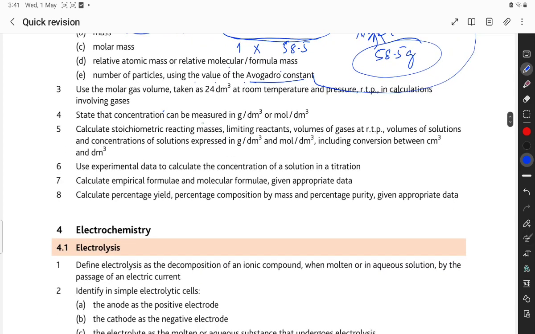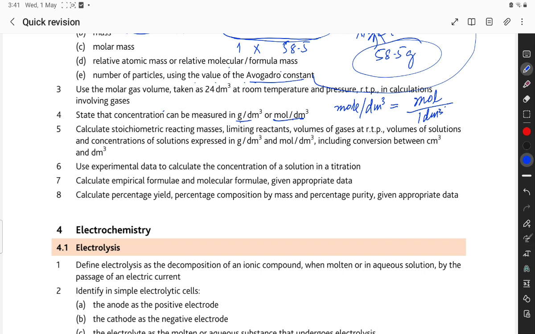State that concentration can be measured in gram per dm cube or mole per dm cube. Mole per dm cube is equal to mole over 1 dm cube. And how to convert gram per dm cube into mole per dm cube?